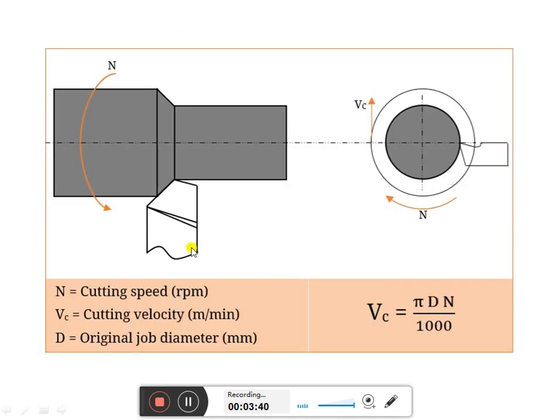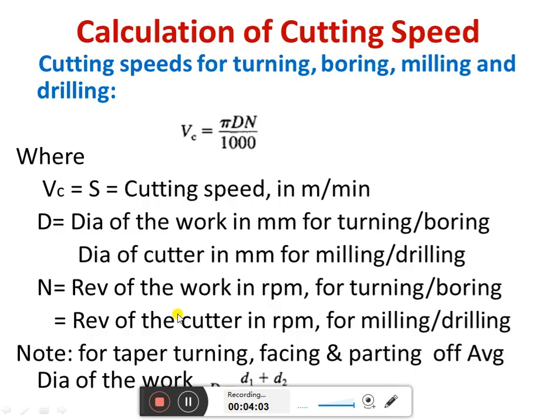This is a simple diagram shown for cutting speed, Vc, which is equal to pi D N by 1000 for the turning process. D is the original diameter of the job, Vc is the cutting velocity, and N is the rotational speed.